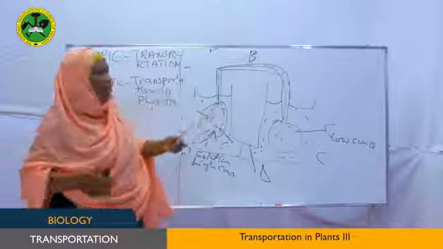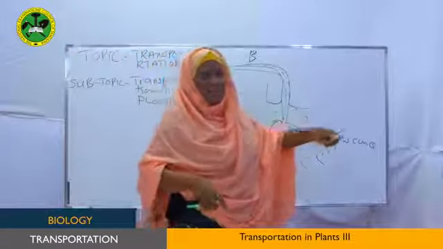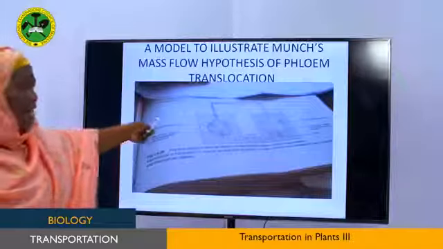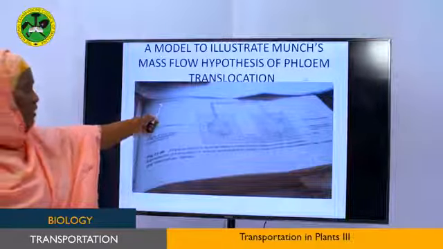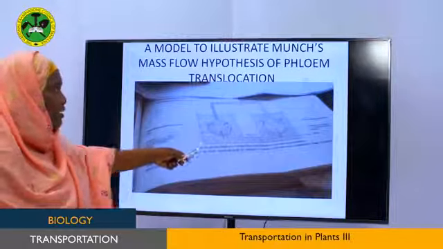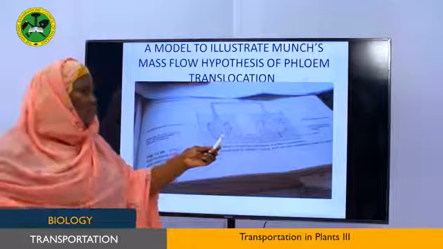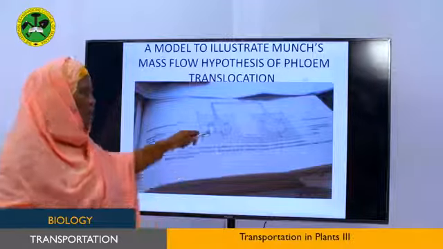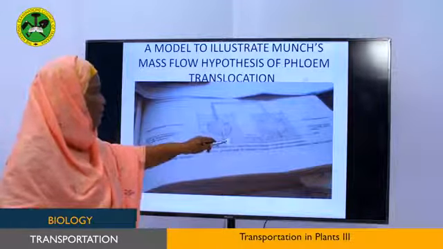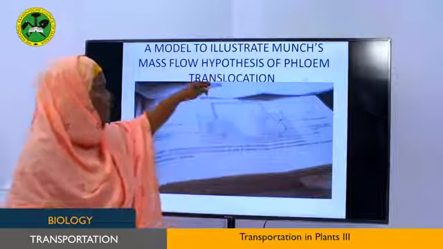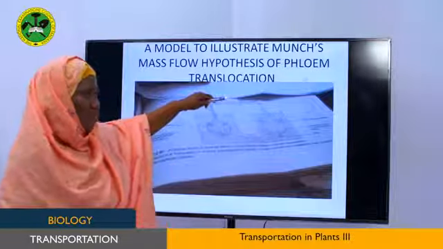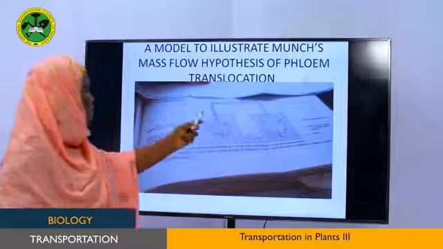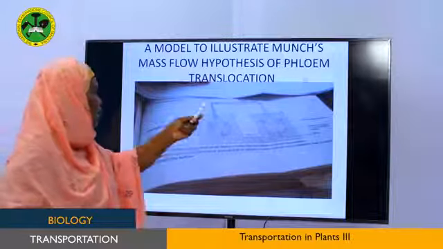This model can also be seen here in this diagram, which is kept here. It is similar to that one. You have A, C together with the B. A has a solute concentration here that is more negative.